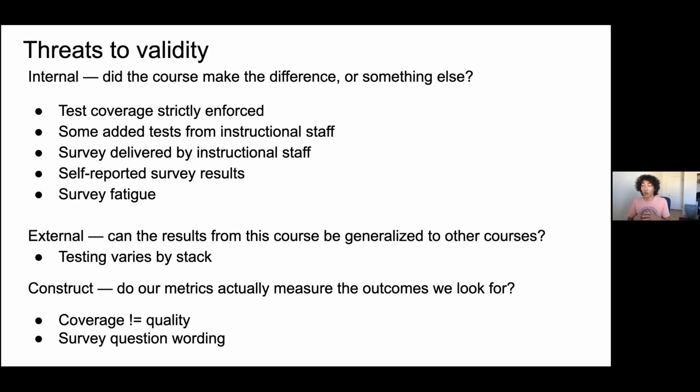And furthermore, the survey results were obviously self-reported, and self-reported results are not necessarily completely objective measures of what you ask. And finally, we did introduce some survey fatigue, partly on accident. We asked students to fill out, I believe it was 2 to 3 surveys over the course of a day or two.